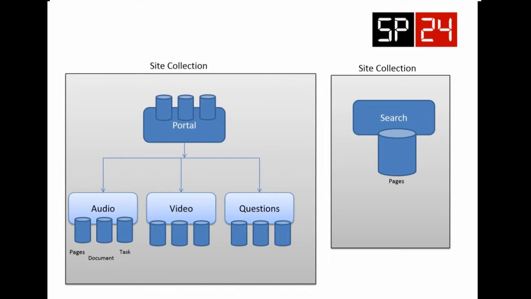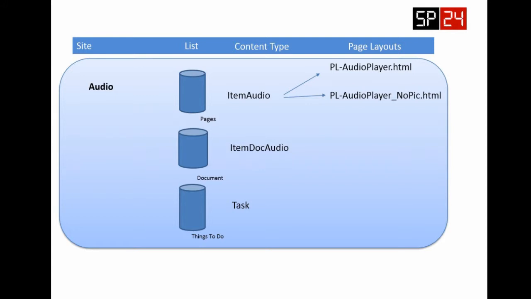Before I continue with the demo, I'll explain an example of what's in one site, and the rest of the sites are basically a rubber stamp of that, with similar lists in them.